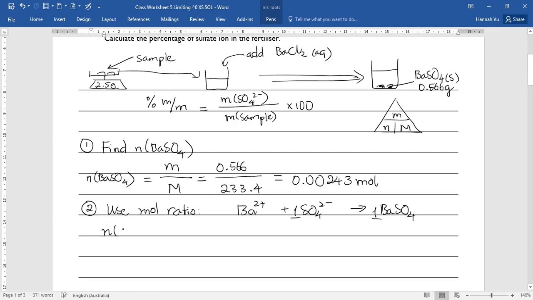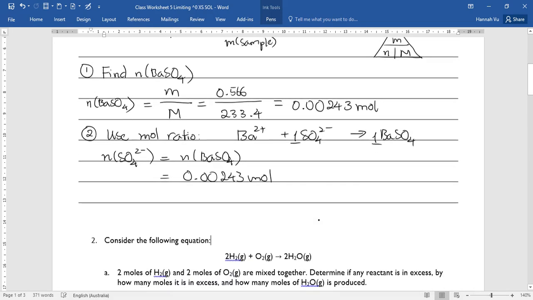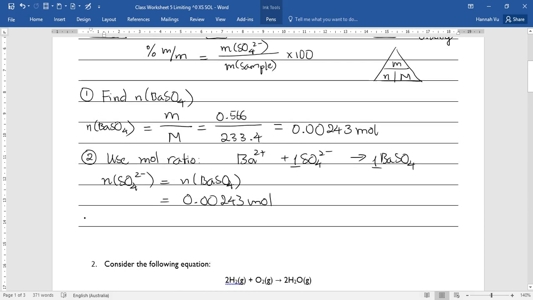So n of SO4 2- is going to be the same as the number of mole of barium sulfate, which is also 0.00243 mole.